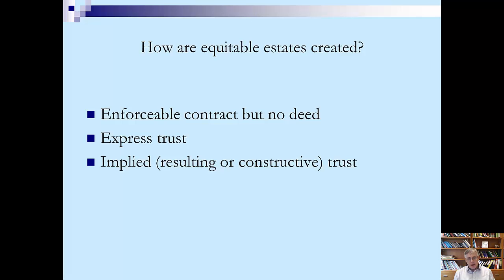And the third way is that there might be an implied trust of land. This could be a resulting trust or a common intention constructive trust.